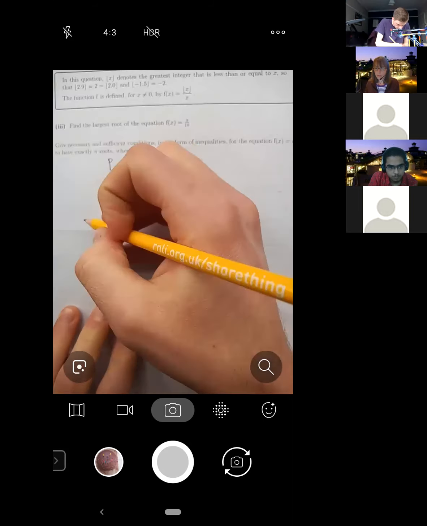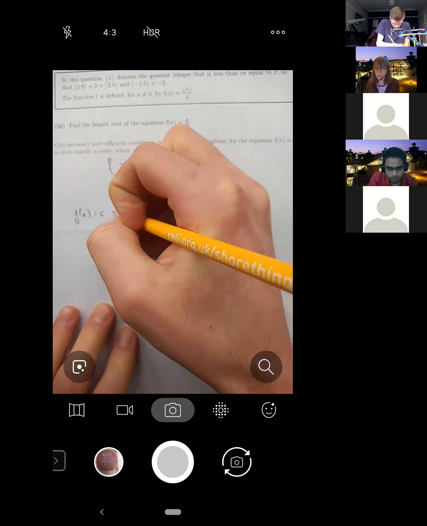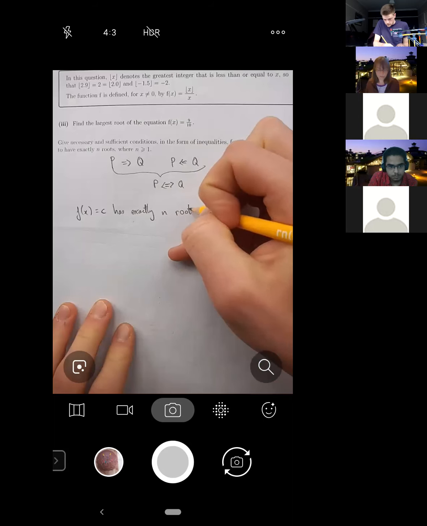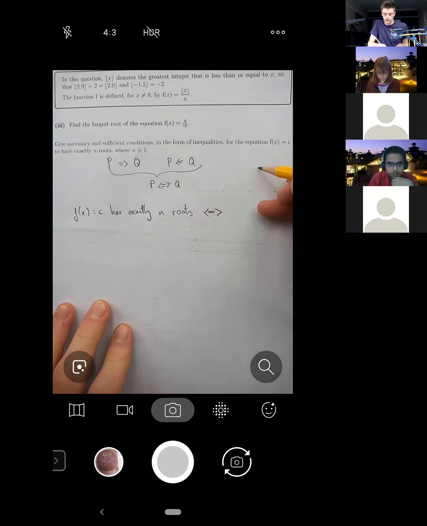So in this case, as has been pushing us towards throughout the whole question, we can find our roots by drawing a straight line, or for f of x equals c, we can draw a straight line y equals c and see where it hits our graph f of x. So we can write down the equivalence. f of x equals c has exactly n roots if and only if. By the way, if and only if you also sometimes see written as IFF.